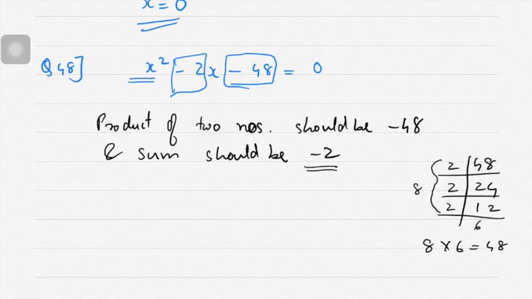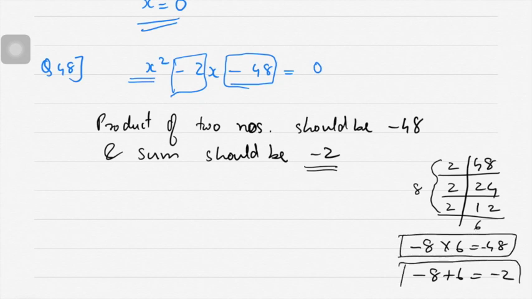But I want two numbers whose product is minus 48 and sum is minus 2. That means my bigger number has to be negative. If I do minus 8 into 6, it becomes minus 48, and if I do minus 8 plus 6, it becomes minus 2. So here I got my two numbers, which are minus 8 and 6.